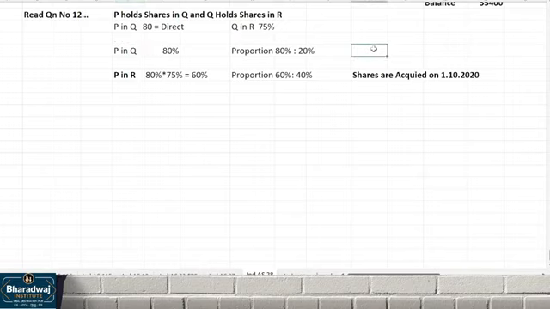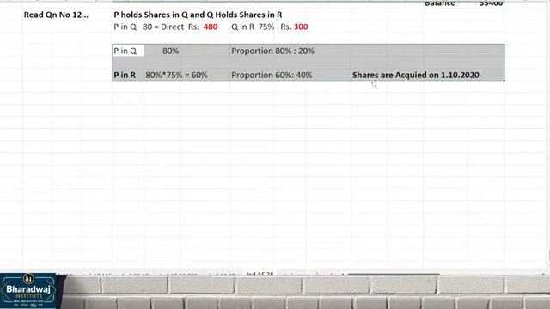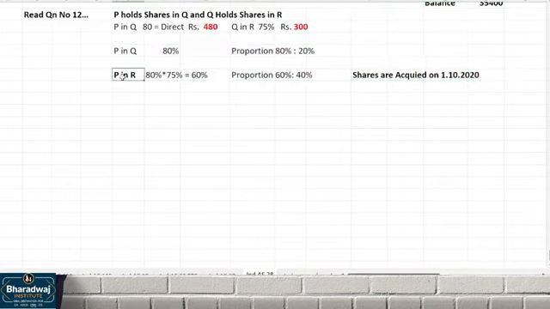P and Q, how much consideration? Q now. P Limited should consolidate the balance sheet of both Q as well as what? R. Yes, yes.